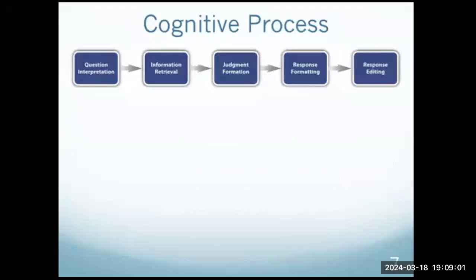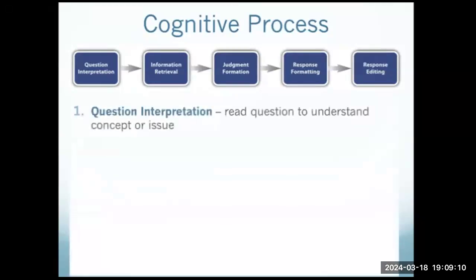So when we think about surveys, it's important, right? We're in psychology, to think about the cognitive process involved when someone takes a survey. So the first thing you do when you read a survey question is you interpret it, right? So you read the question to understand the concept or the issue. This is why it's really important to word the questions carefully.